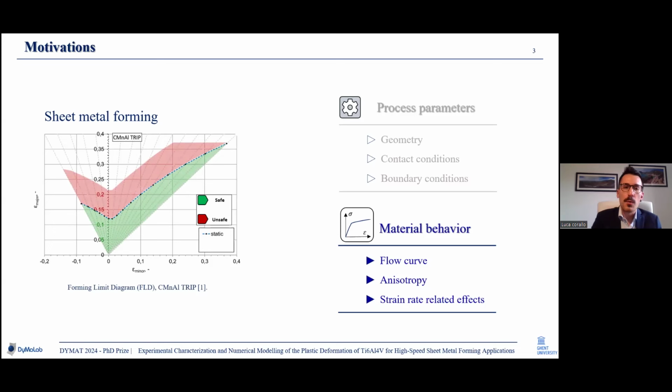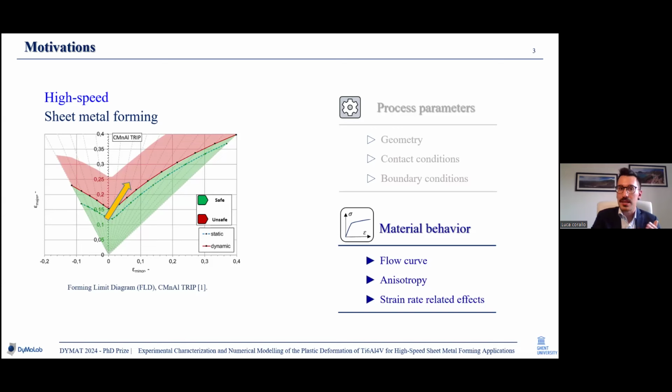But the question is, why at high speed? Well, there are studies proving that for some classes of material, at least, an increment of the deformation speed can result in an enhancement of the material formability. This leads me to the main aim of my research, which is the investigation of the high-speed deformation of Ti6Al4V in the domain of interest for high-speed forming.